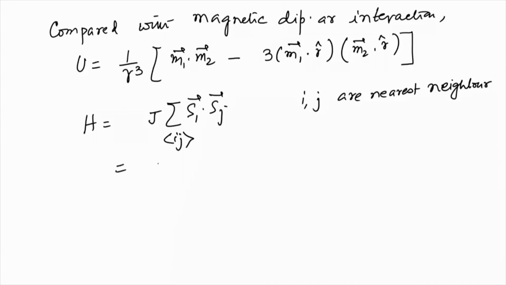And we can also write the J inside, and it does not have to be constant, it can depend from one bond to another. And so, these are possible Hamiltonians, and they have all been explored in the context of spin systems.